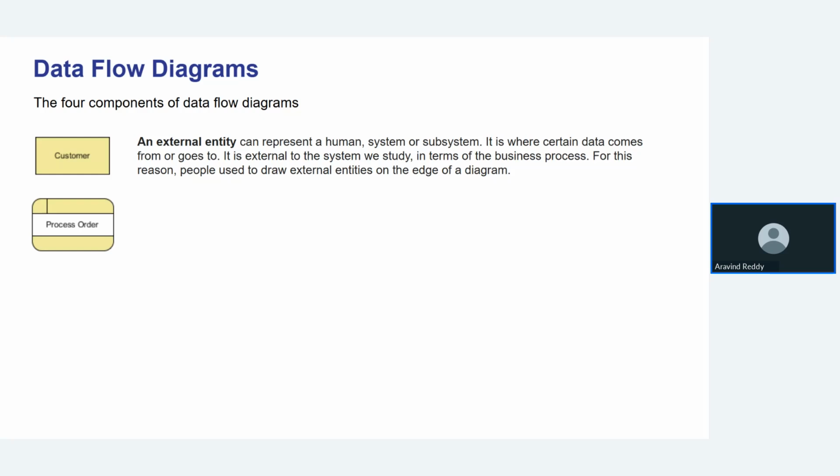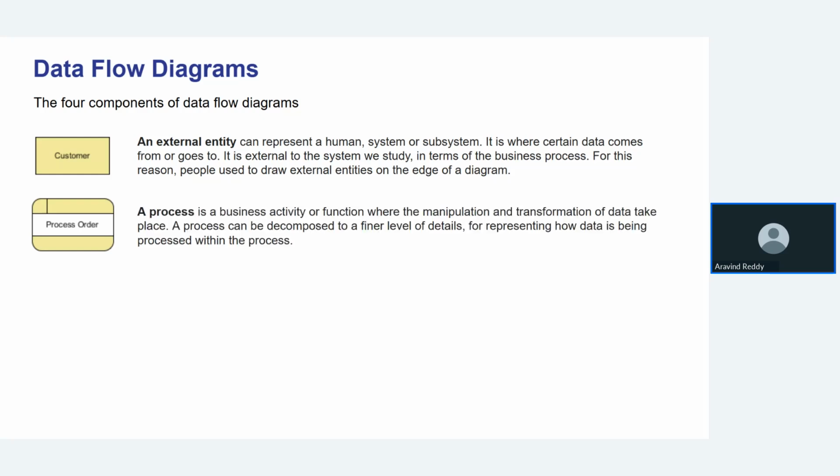Next, process the order. This is a business activity or function where the manipulation and transformation of the data takes place, and the process can be decomposed to a finer level. So this is process order, meaning which thing you need to take first and which thing you need to consider second. Okay. Then inventory.